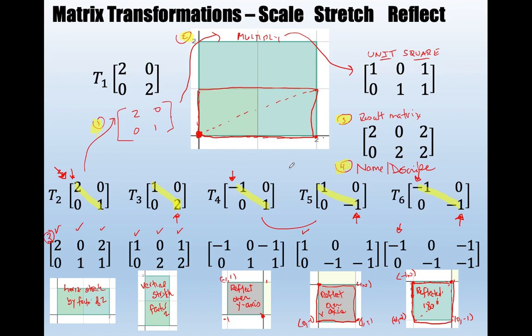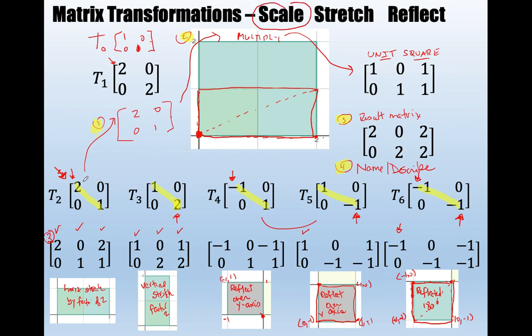Cool, huh? So we've seen matrix transformations now. Remember, we started with the identity matrix that did nothing. It had no effect. Then we started manipulating. What happens when you change the diagonals to the same number? I got a scale.